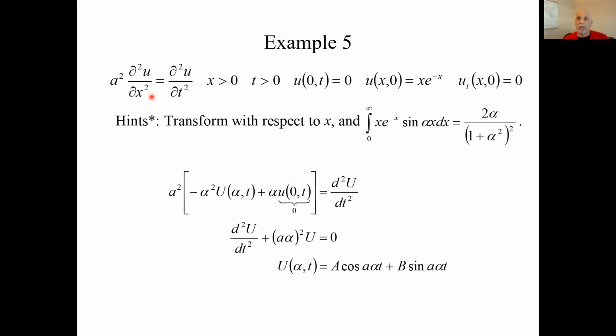They both show up as second derivatives. That doesn't narrow it down. Range of x is semi-infinite, range of t is semi-infinite. So that doesn't narrow it down. So we can't tell ahead of time which variable to take it with respect to.